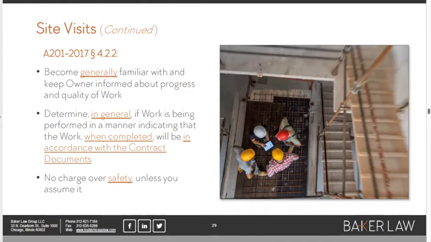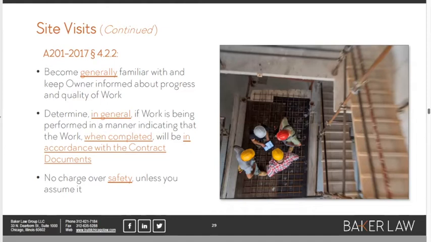Those are means and methods of construction. And an architect is supposed to look straight through those temporary conditions as if they don't exist, because it's not their job to think about them. What an architect needs to do during site observations is to think about, is the work progressing in a way that when the job is over, you can see the words when completed here.